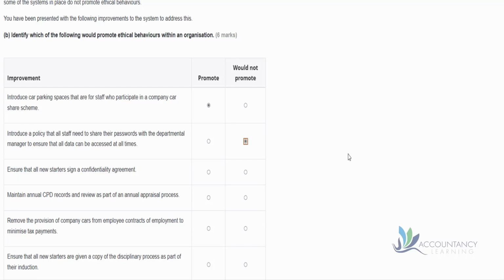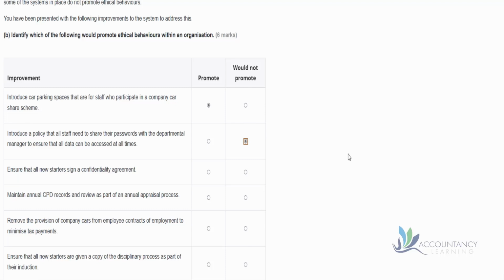Next then, ensure that all new starters sign a confidentiality agreement. So this perhaps could go either way here. It depends why we want to have that confidentiality agreement. If we want to suppress honesty and suppress whistleblowing, then that confidentiality agreement would be unethical. But if we just want to make sure that our employees maintain confidentiality and don't talk about our customers and don't talk about our company secrets, then that would promote ethical behaviour.